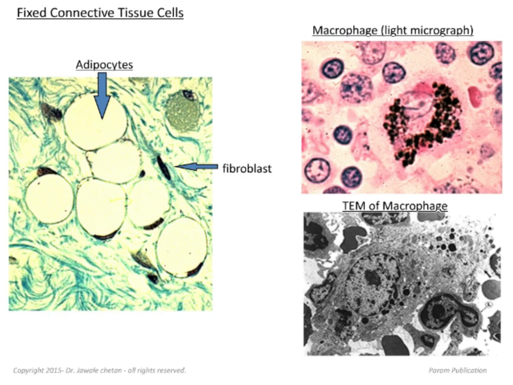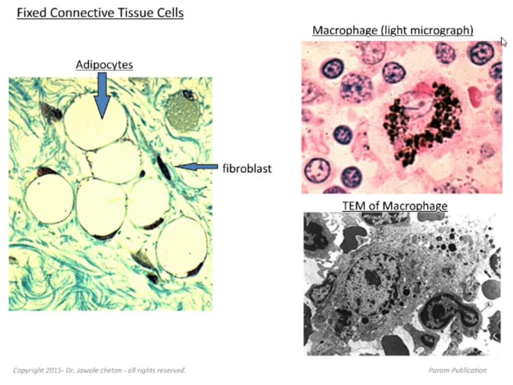Now, fixed connective tissue cells. In a section you see this hollow space. This hollow space is actually an adipocyte, a vacuole-like structure which stores fat. The supporting structures shown here are a fibroblast, fibers and a nucleus, that is the fibroblast nucleus, and the fibers which support these adipocytes.